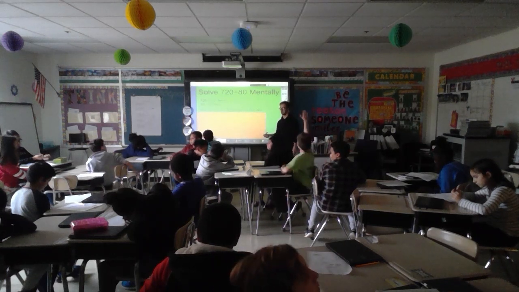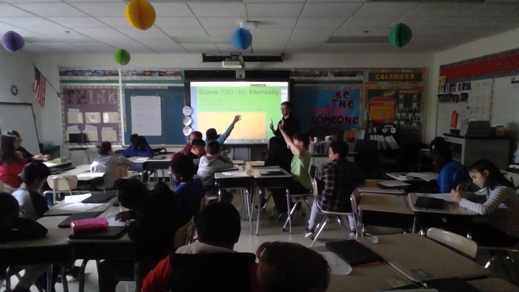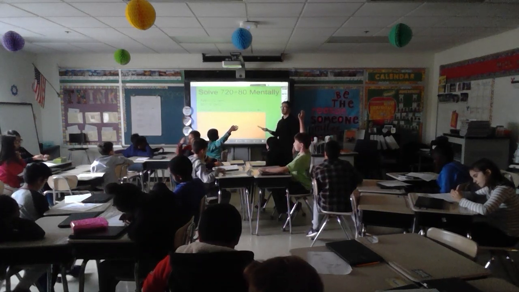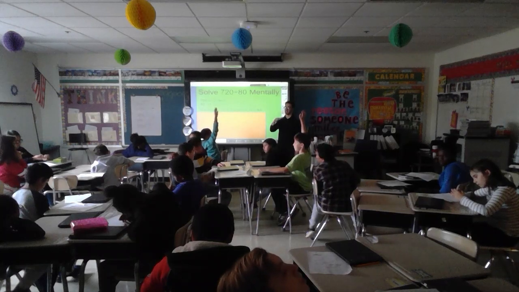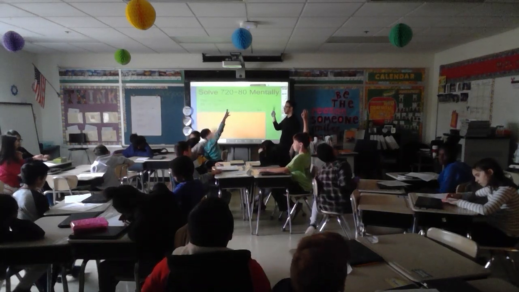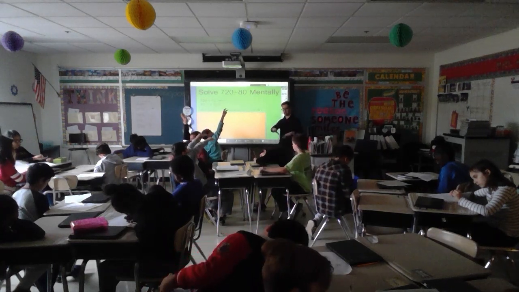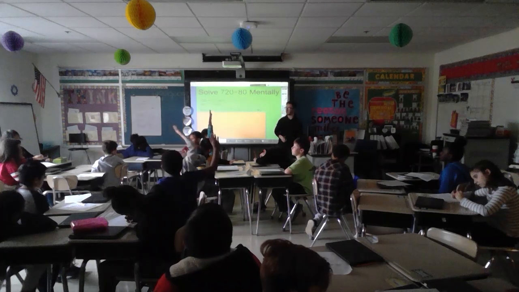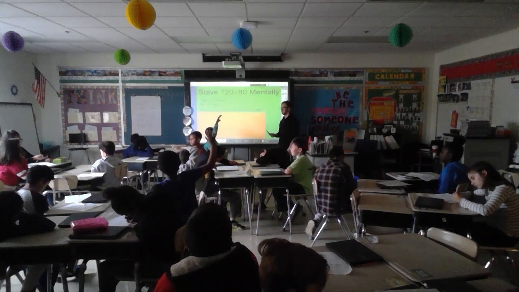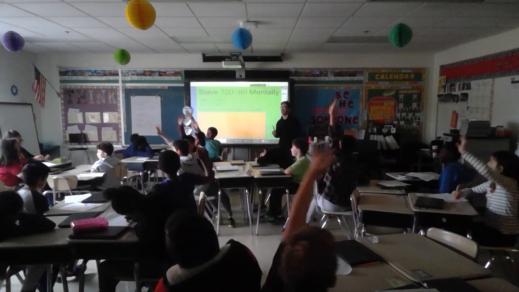Think about it. What is 72 divided by 8? Or if you have to go back to the multiplication, think about 8 times what equals 72? Do you need help from someone? Oscar.